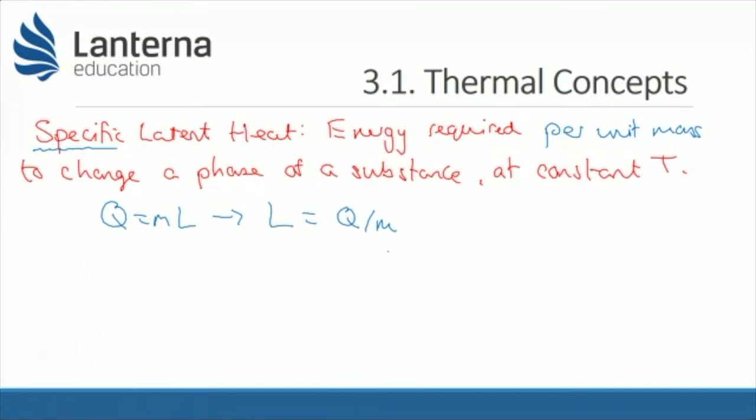So there are two things that they're going to do to make your life hard. Number one, they're going to give you a combination of thermal changes, so there'll be some temperature change and there'll also be a phase change. The second thing they're going to do is give you multiple forms of energy. So either two things are changing temperature or phase, or you've got an electrical heater.